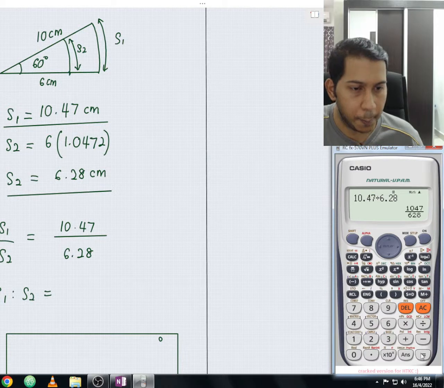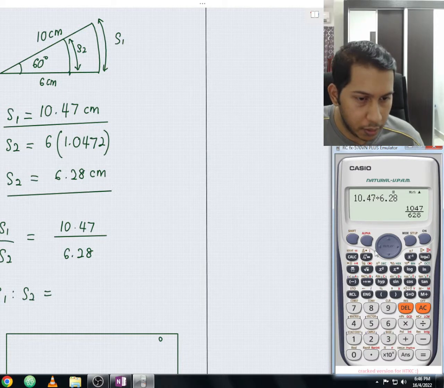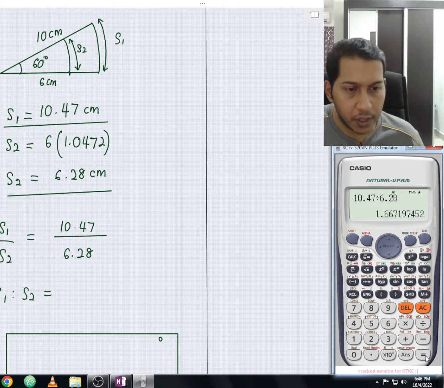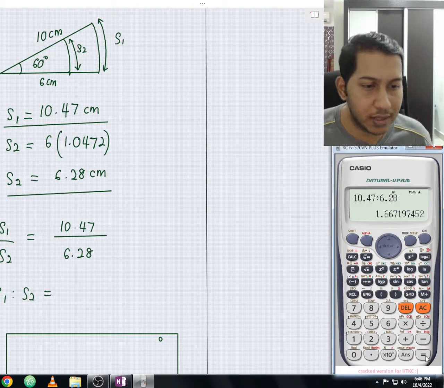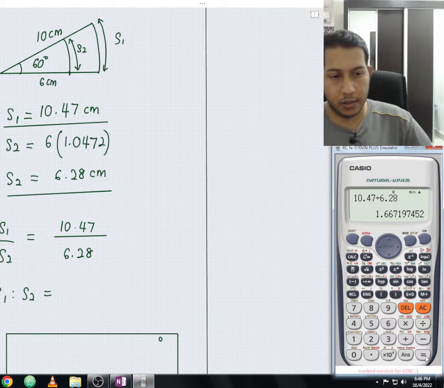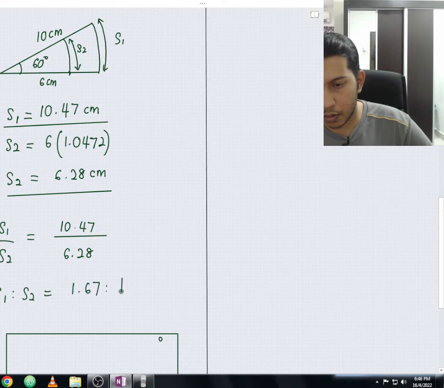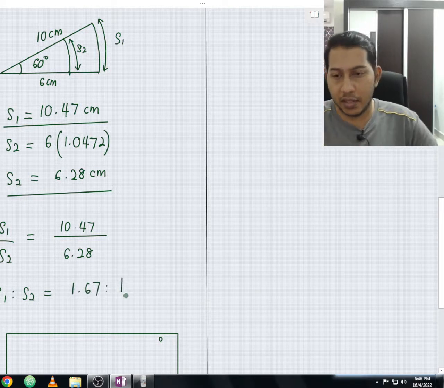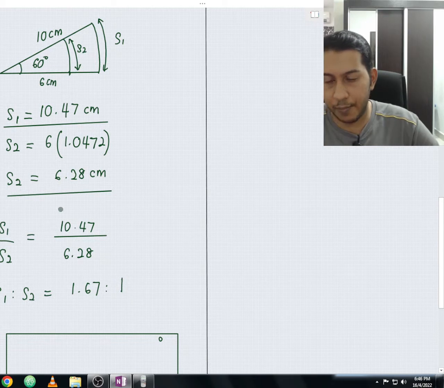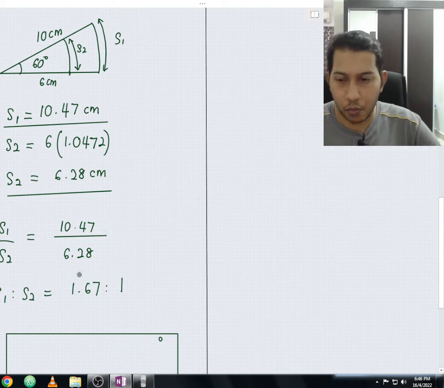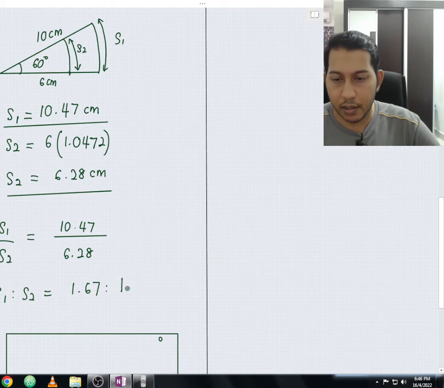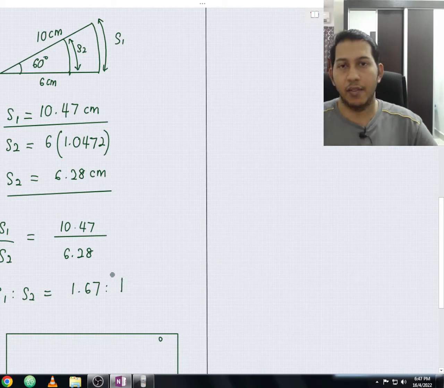6.28. Okay, so we try to simplify this. You get 1.67. So that means your ratio is 1.67 is to 1. So that means your length of the arc of S1 is 1.67 times higher than the length of the arc for the second one.